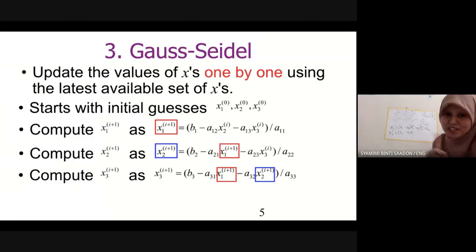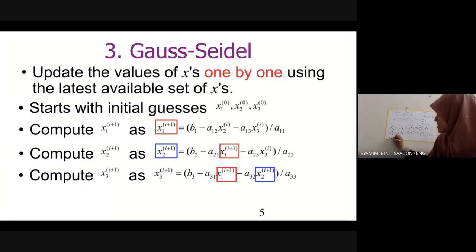It is no longer 0. It is the value of B1 over A11. And then A23 x3 0, still x3 0, because we don't know the value of x3 yet. So this will be 0. Then A22. That's how you get the x21.